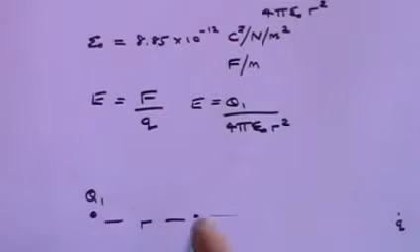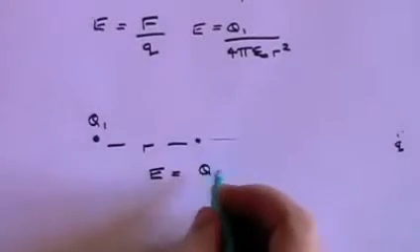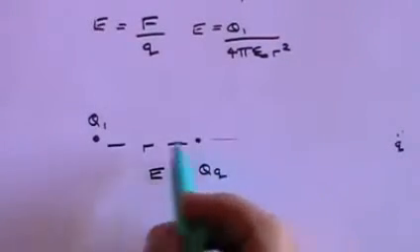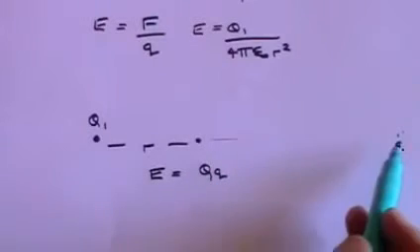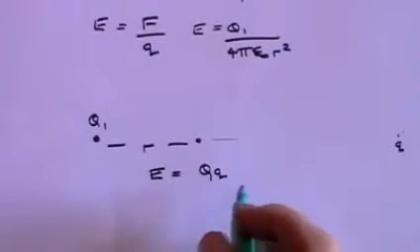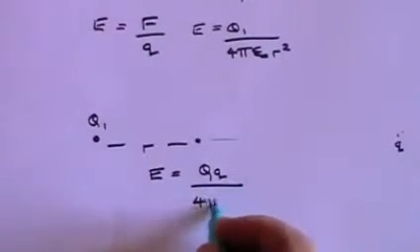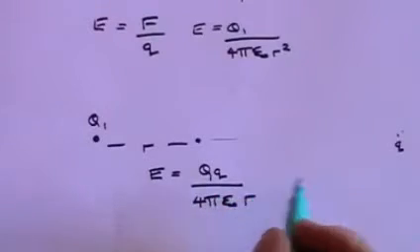And the electric potential energy to bring that charge to that point, overcoming the repulsive force, is equal to Q1 times the test charge, little q, divided by 4 pi epsilon naught r.